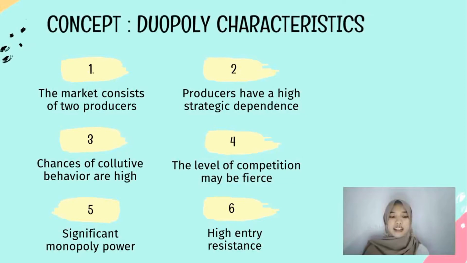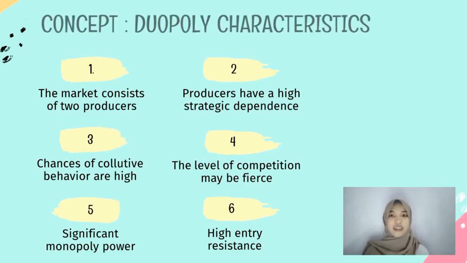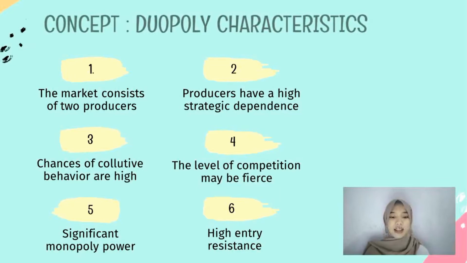Fifth, significant monopoly power. Apart from controlling the market supply, the two companies may also adopt a differentiation strategy. As long as each adopts a differentiation strategy, each product will have several loyal customers, presenting significant monopoly power. And sixth, high entry resistance.